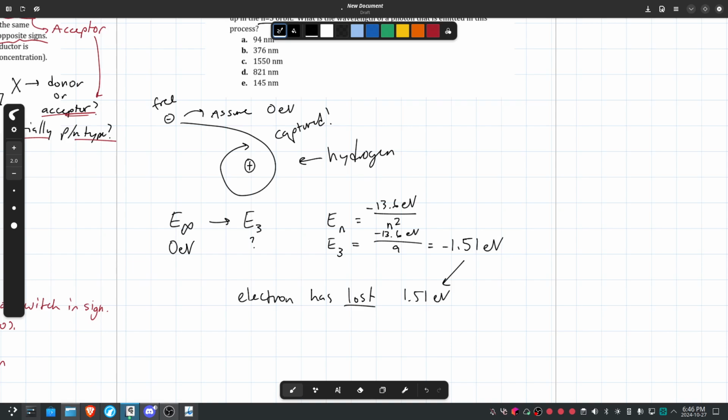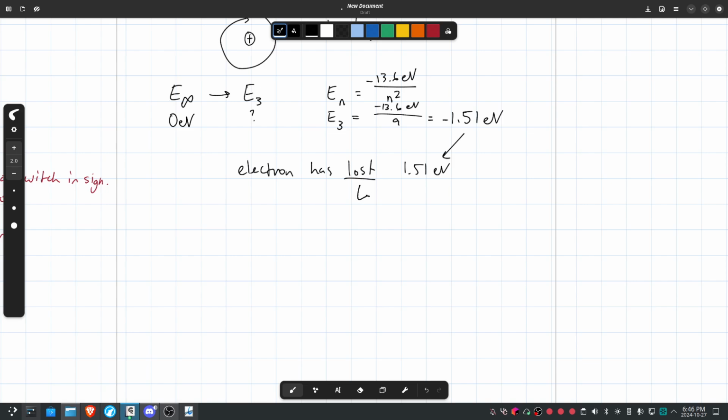It's turned into a photon. Remember the conservation of energy. We can't just lose energy without it going somewhere. And whenever an electron gains or loses energy, it is pretty much always through light.